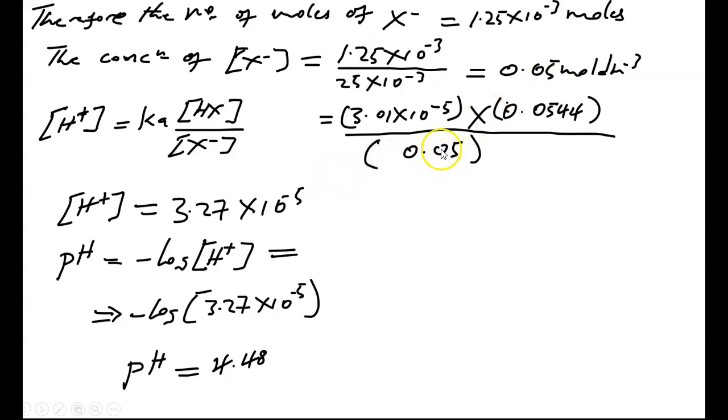Put that in the calculation, and that should give you the H⁺ concentration as 3.27 × 10⁻⁵ moles per dm³.